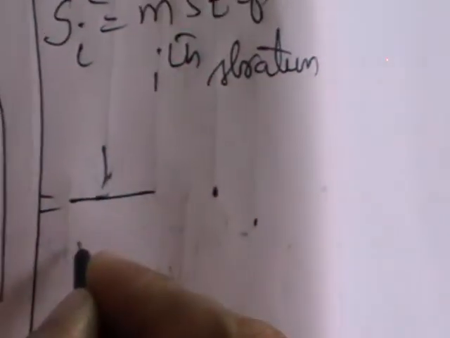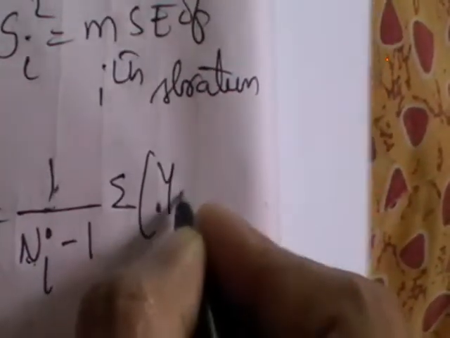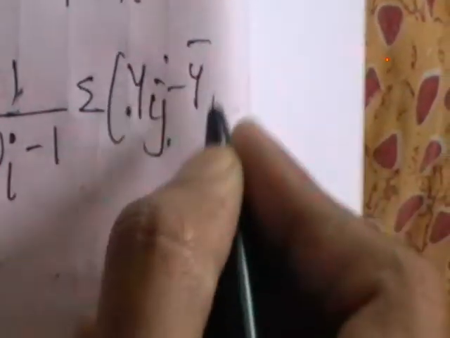Similarly, you will have the mean square error. How do you define mean square error? If only one mean square, you write S square. As I said, i stands for stratum, so Si square is the mean square error of the ith stratum. We define it as 1 by Ni minus 1 sigma of Yij minus Y bar i whole square.